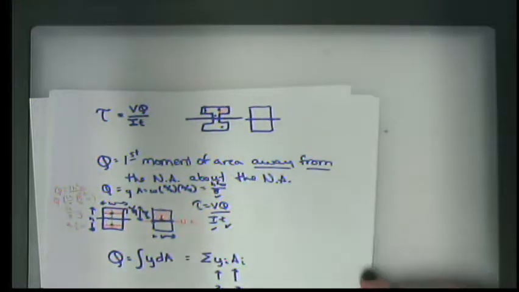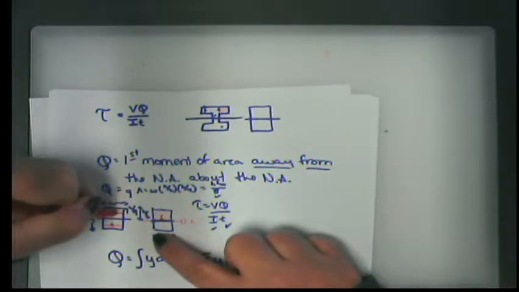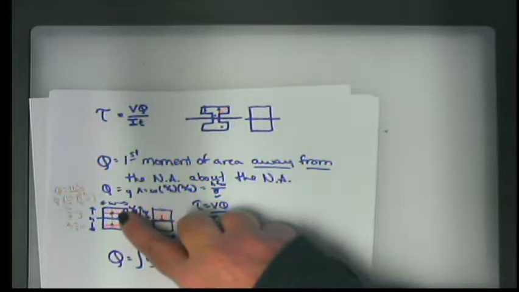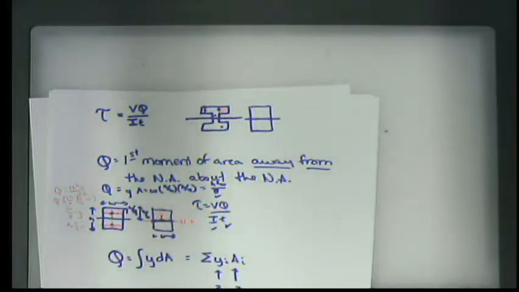Let's just say that you had a point here, and you were looking at this point. It's exactly the same because the shearing force acts on a plane, so it acts over the whole plane at the same time. So it's going to be the same as long as you've got the same dimension in the x. You're still talking about y bar, and you're talking about A away from the neutral axis. So it's exactly the same.